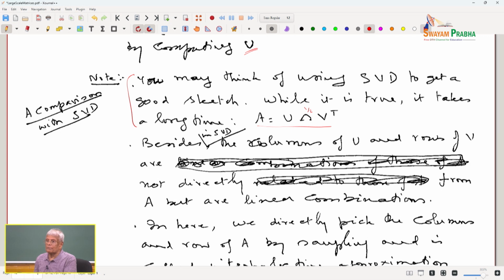In the case of CUR decomposition, the columns of C and the rows of R are directly picked out of A. However, the columns of U and the rows of V transpose are computed as a result of SVD, and we cannot directly relate them to the columns and rows of A. They are linear combinations of the columns and rows.